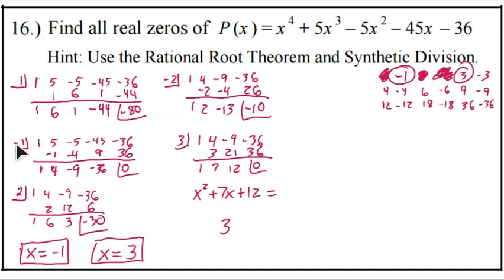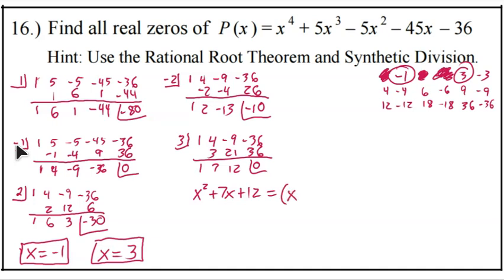Sure enough, 3 and 4. So positive 3 and positive 4. So 3 plus 4 equals 7, and 3 times 4 equals positive 12. So our 2 numbers are positive 3 and positive 4.